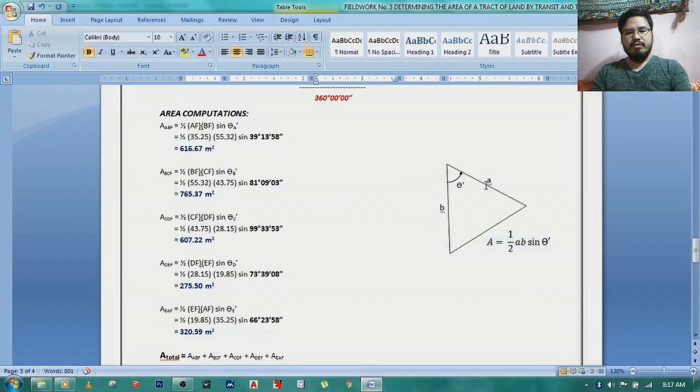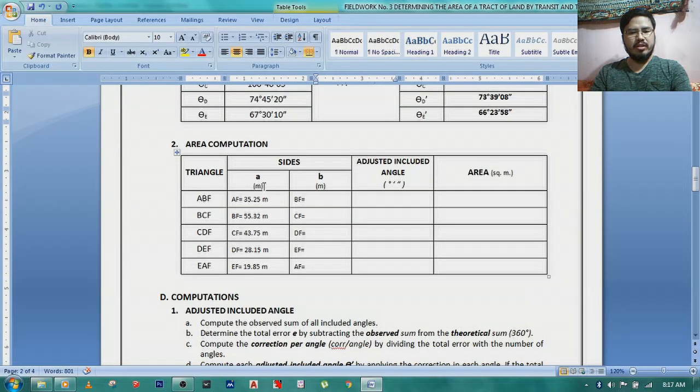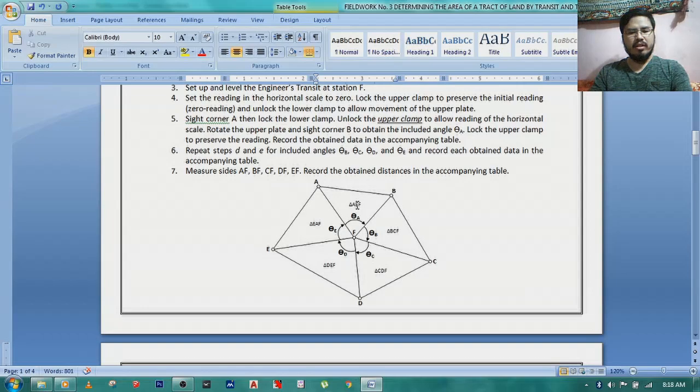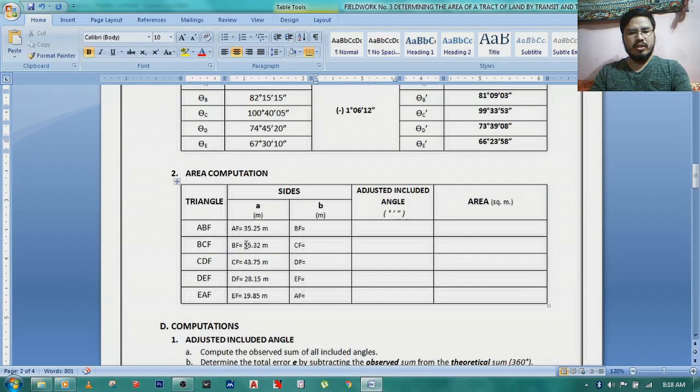As you can see in our tabulation, for triangle ABF, our A side is AF and our B side is BF. We will just copy this one here.